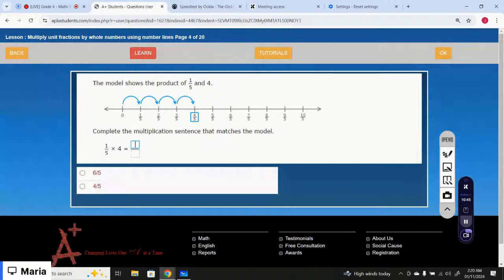The model shows the product of 1 by 5 and 4. Complete the multiplication sentence that match the model. That is 1 by 5 times 4. So which is the correct option?